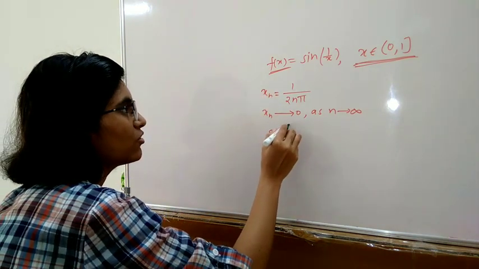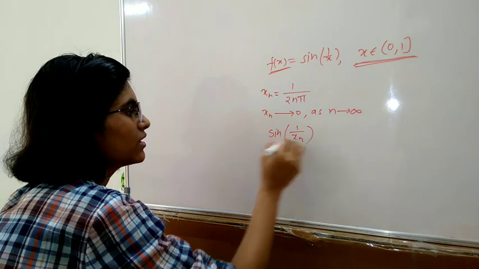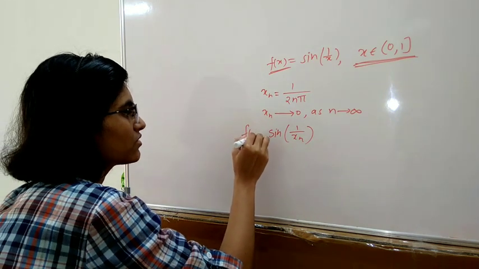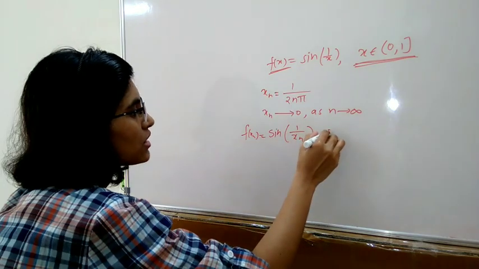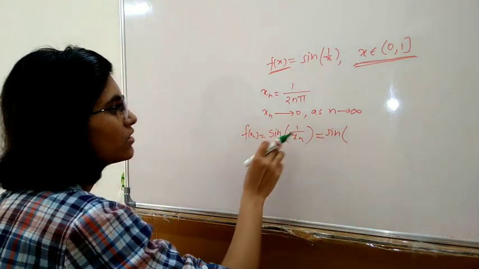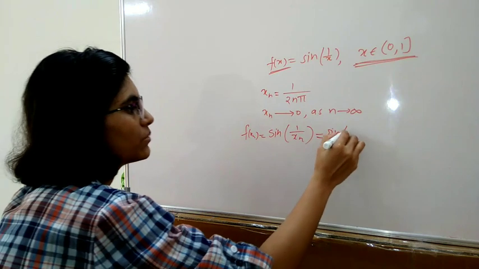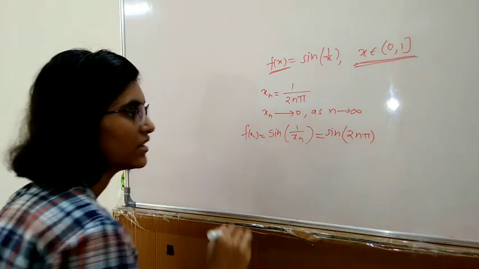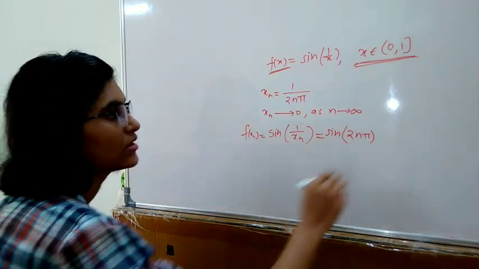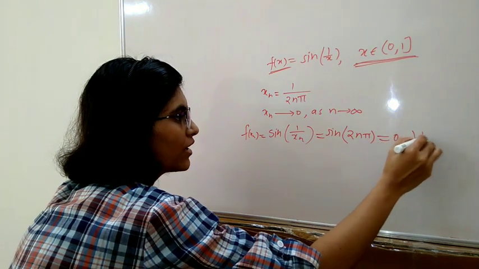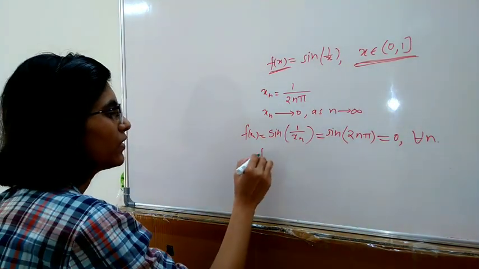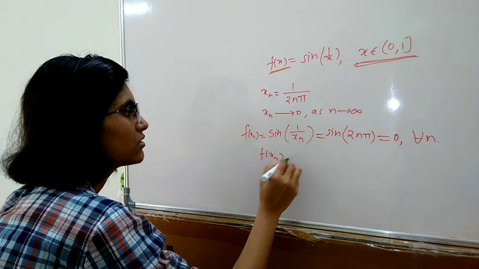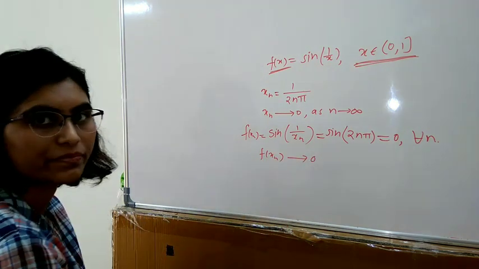This becomes sine of 1 by x_n, that means f of x_n is equal to sine of 2n pi, which is 0 for all n. So f of x_n converges to 0, right?